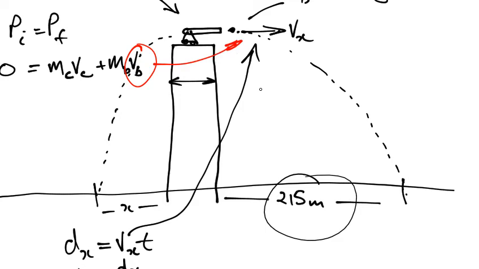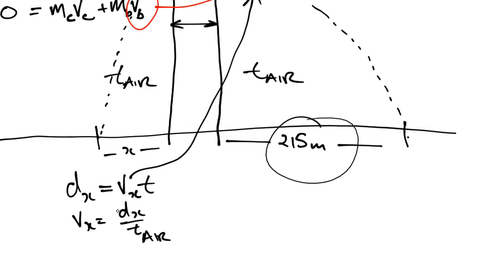If you remember, the classic example of that is you shoot a gun horizontally and the bullet reaches the ground whether it's dropped from the height of the gun or whether it's shot out from the gun horizontally. Therefore, you know that t air for the cannon and t air for the cannonball to reach the ground is going to be the same.